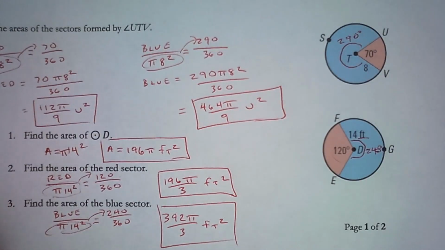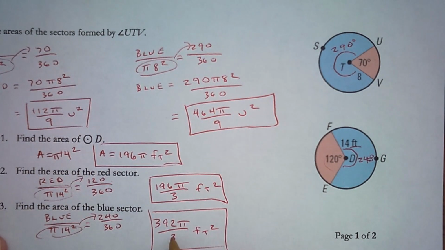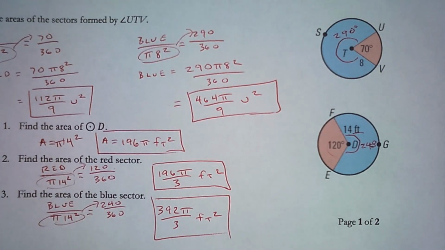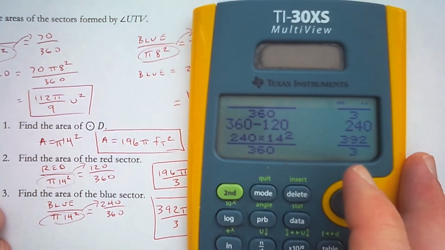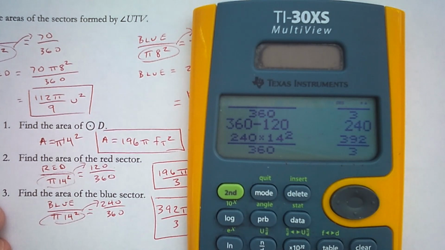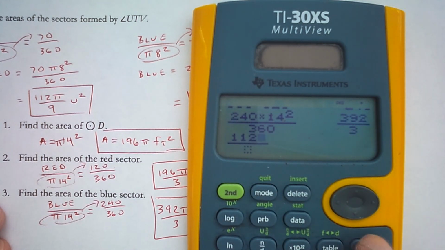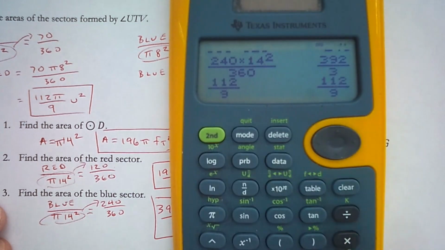Okay, now these fractions are all improper fractions, and I like improper fractions, but if you would rather see them as mixed numbers, if I have 112 over 9, I can use this button right here that changes an improper fraction to a mixed number.